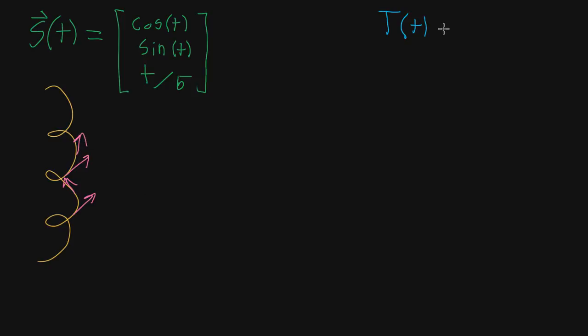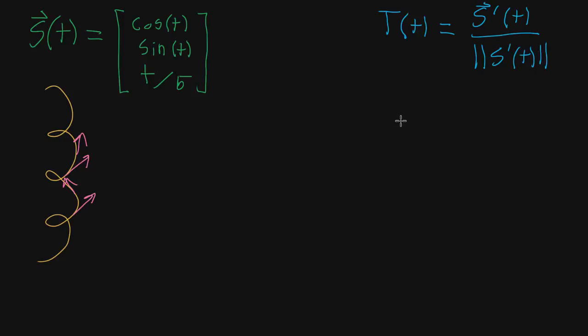And to do that, you take the derivative of your parameterization, which is going to give you a tangent vector, but it might not be a unit tangent vector, so you divide it by its own magnitude, and that'll give you a unit tangent vector.